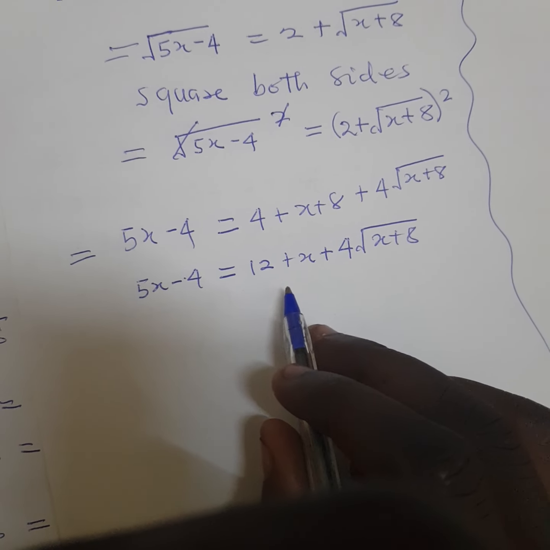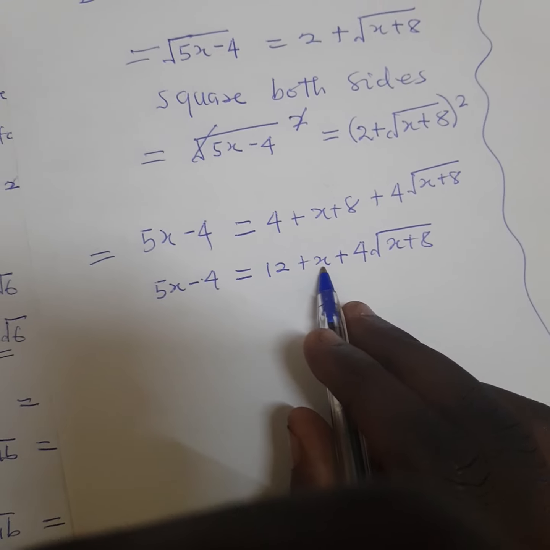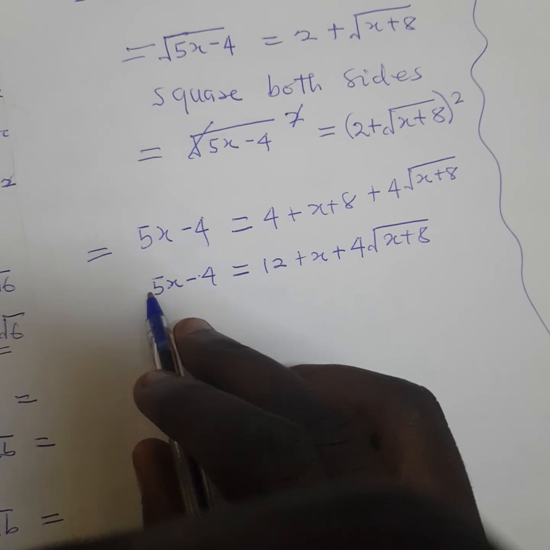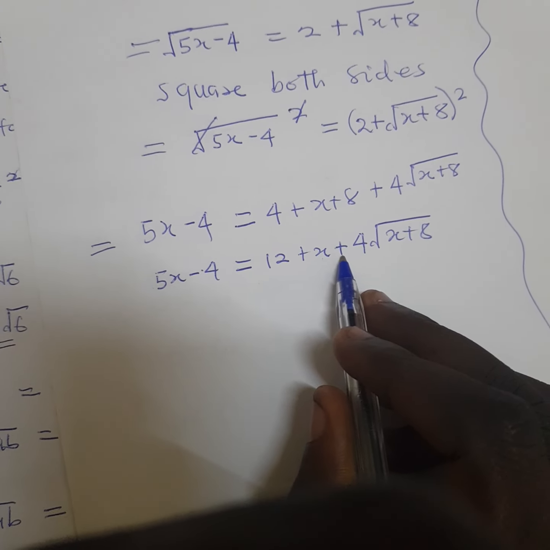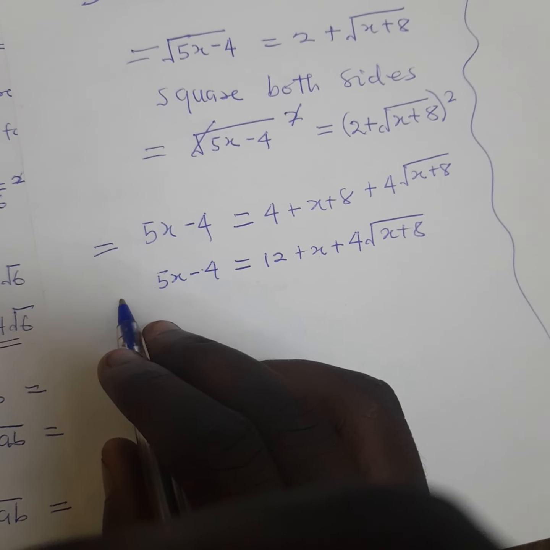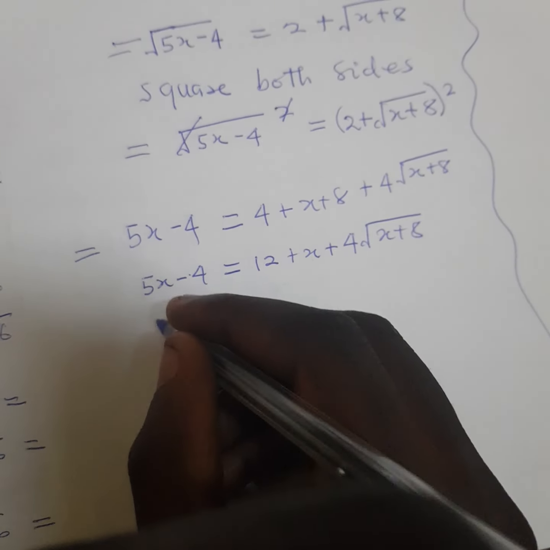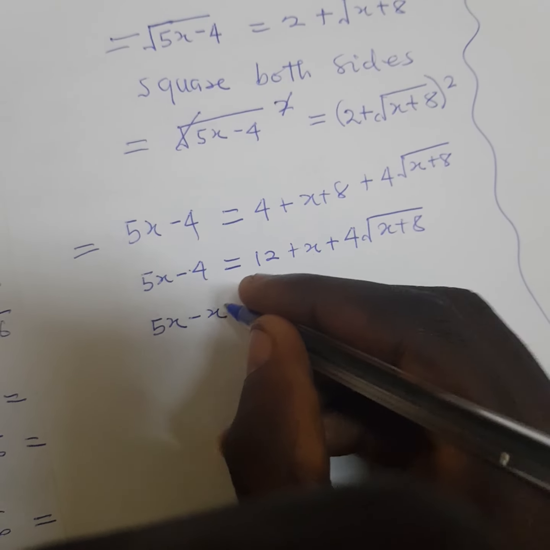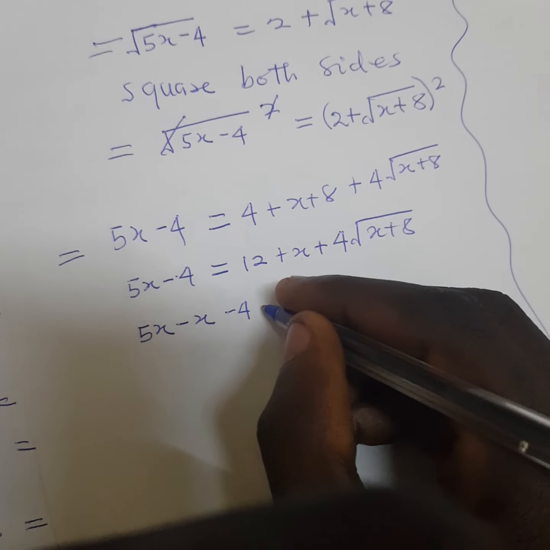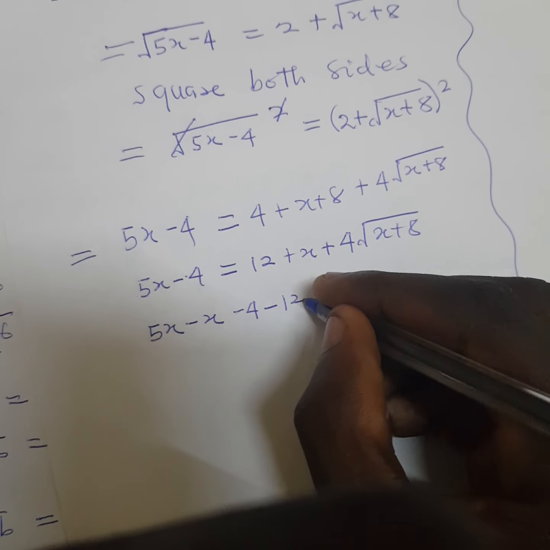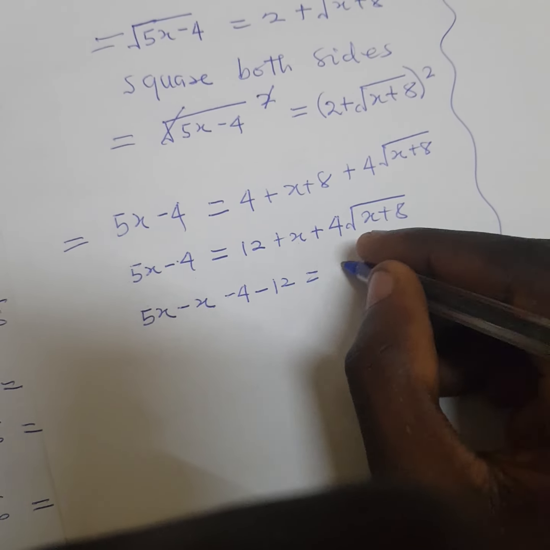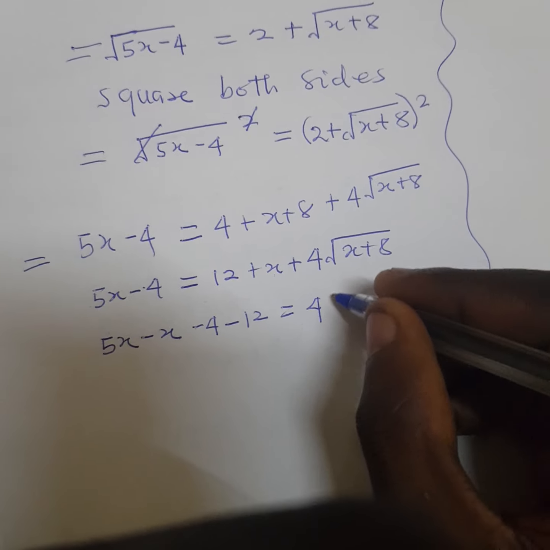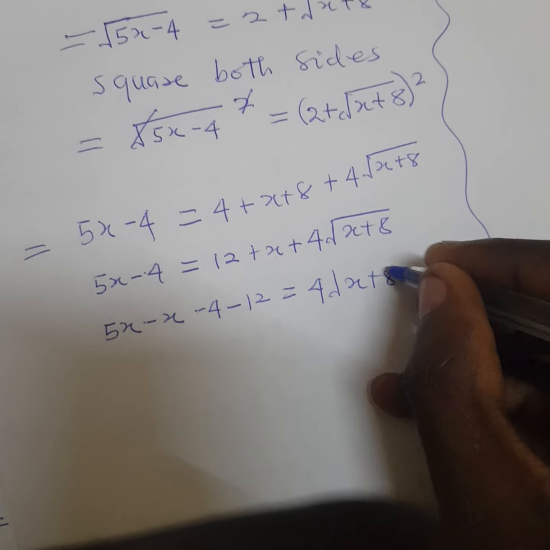Now let's group like terms and see. When you group like terms, let's send all of this to this side. So it will be 5x minus x minus 4 minus 12 equal to 4 root of x plus 8.